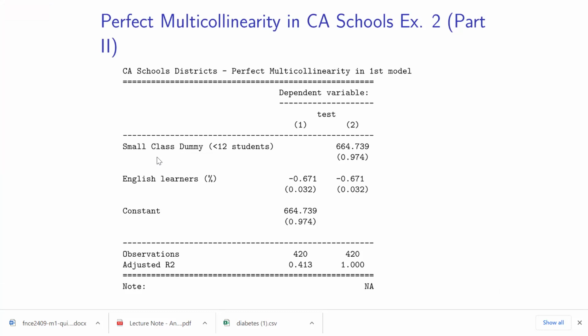And that's why R thinks of the small class dummy as the same thing as the intercept and dropped the estimated parameter for this dummy variable. In the second model, we force the intercept of the regression to 0, and therefore you see that the estimated beta for small class dummy is the same as the estimated intercept in the first regression. Because in the absence of an intercept, R is treating the dummy variable that has 0 variation as the intercept of the regression.